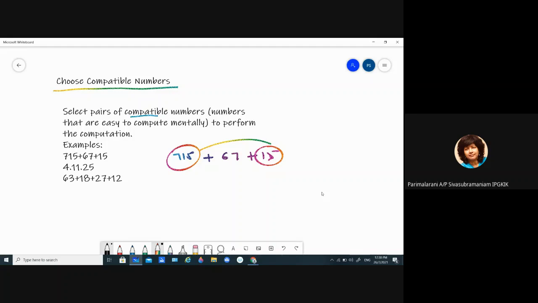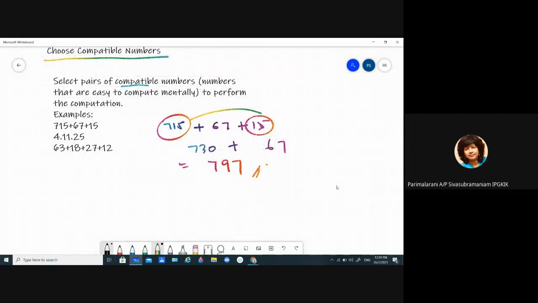Then we add on 67. So 30 and 60 is 90 already, so 797. This is compatible numbers.